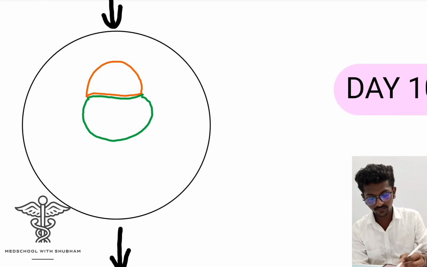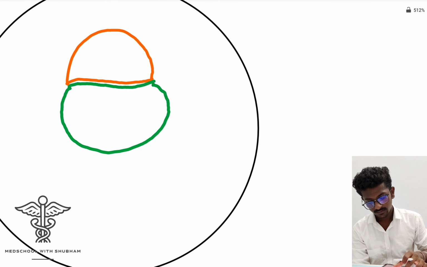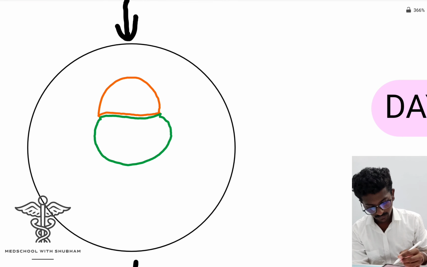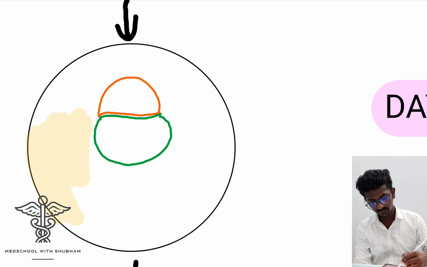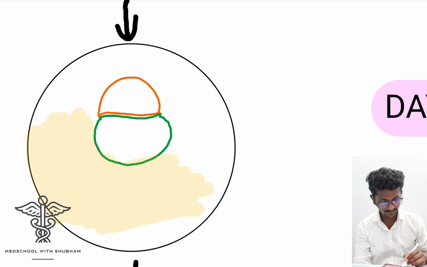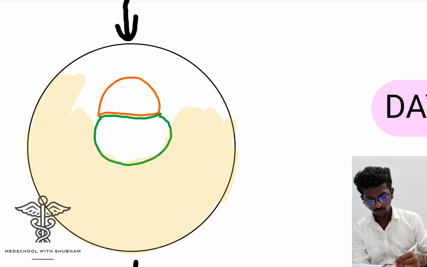I have drawn it in the form of lines and not the exact cells. Now what will happen? A new cell layer appears between this space, in this way. All over you can find this new cell layer.